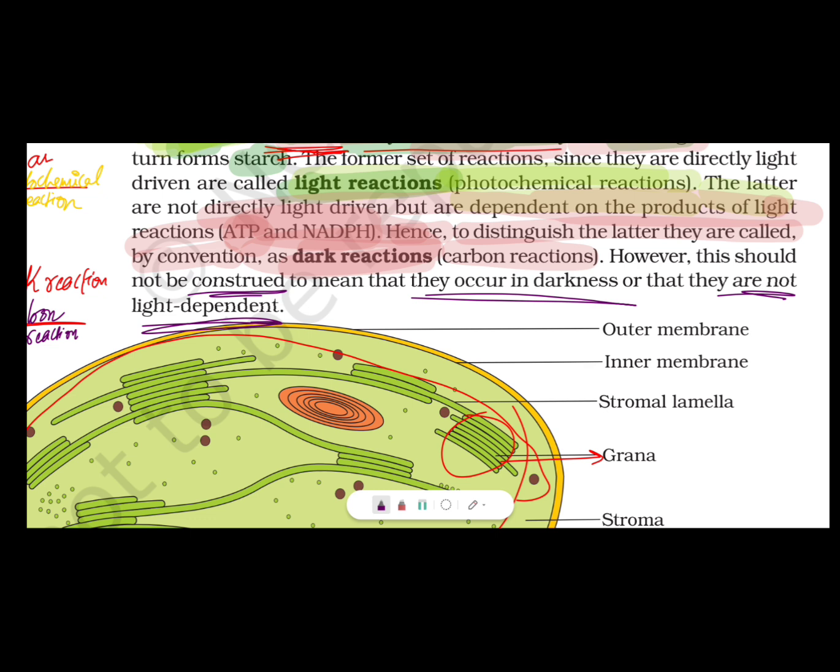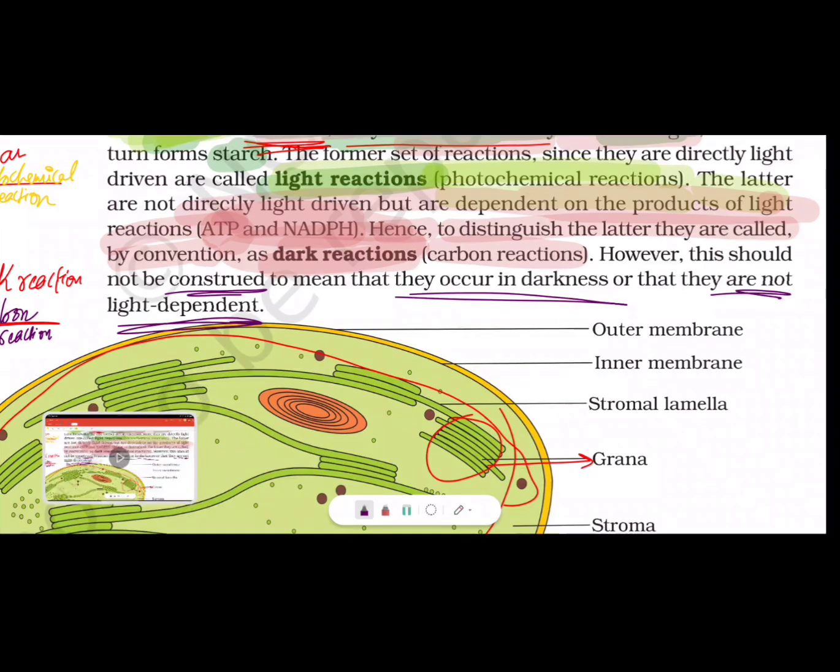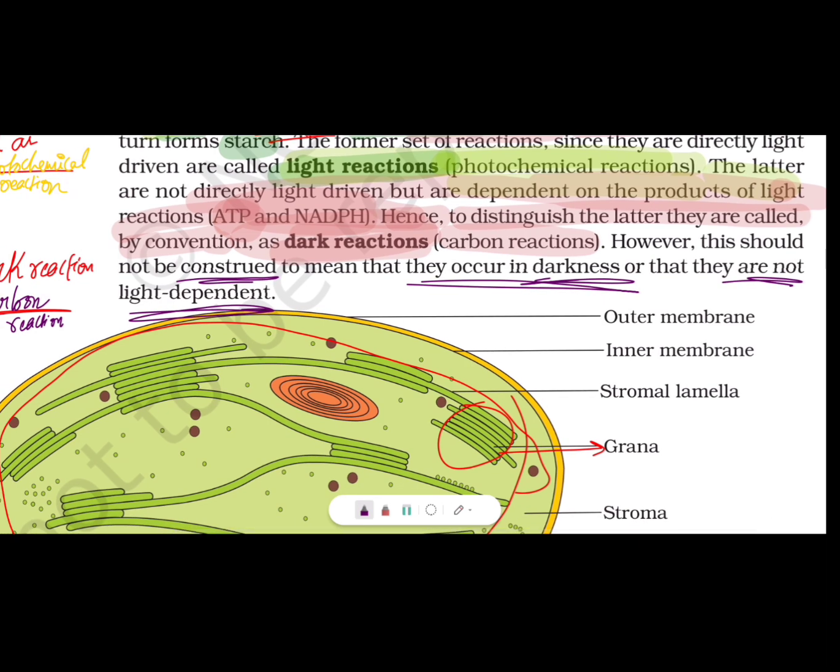We have to be clear on that point. We should not consider that the dark reaction takes place only during the dark times, but it can also take place in the light. So we should not conclude that.